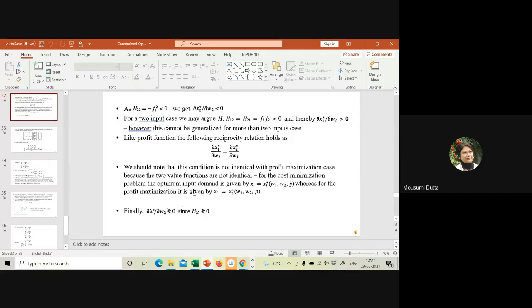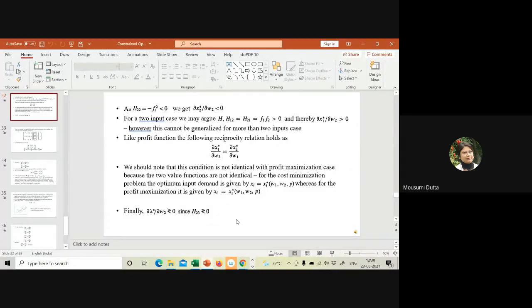For cost minimization, the optimum input demand is given by x1 star as a function of w1, w2 and y. Output comes here, whereas in the profit maximizing exercise, P comes here, the price which we consider to be constant. Though we can show a similar reciprocity relation here, the difference is that here xi star is a function of w1, w2 and y.